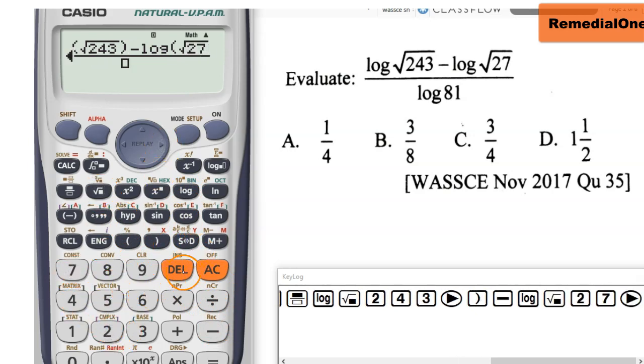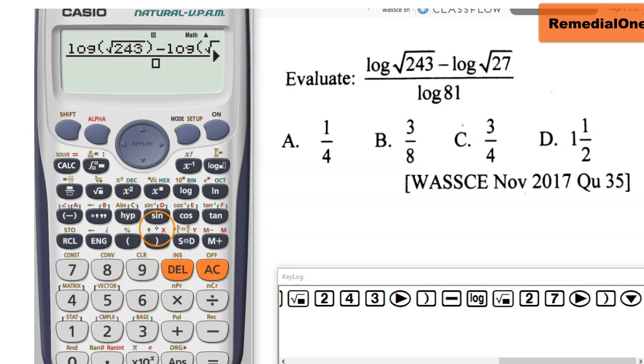We have to close that one too with a bracket. We come to the denominator, and it's log 81, and then you close it. You have to be very careful when it comes to using the bracket. Make sure you're covering it with a bracket. Other than that, you will get an error. And then you hit equal.